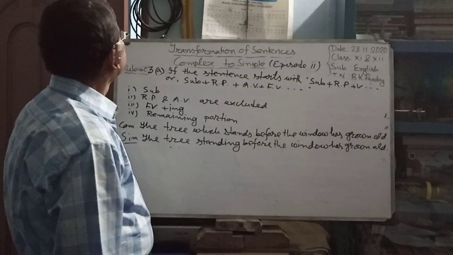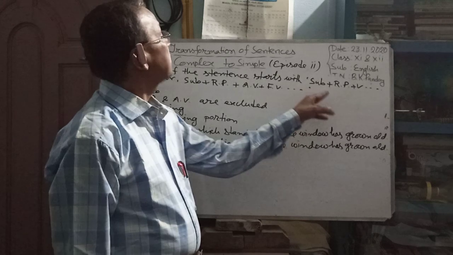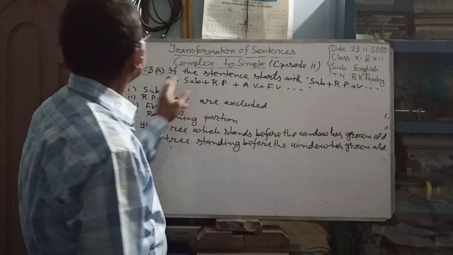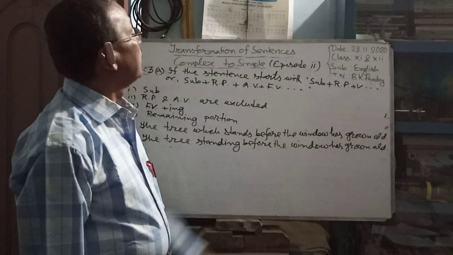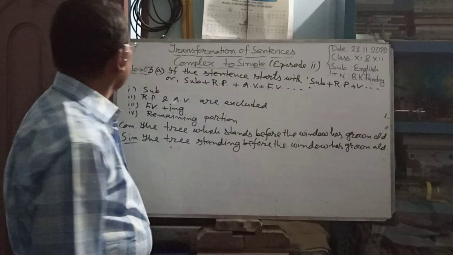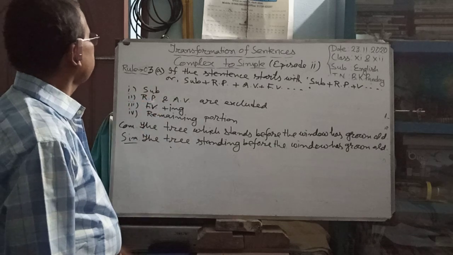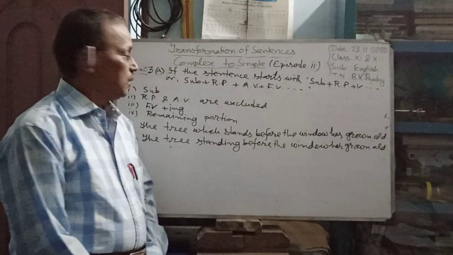Rule number 3. If the sentence starts with subject plus relative pronoun plus verb, or subject plus auxiliary verb plus finite verb, or subject plus relative pronoun plus auxiliary verb plus finite verb, then we have to write subject, RP, that means relative pronoun and auxiliary verb are excluded.